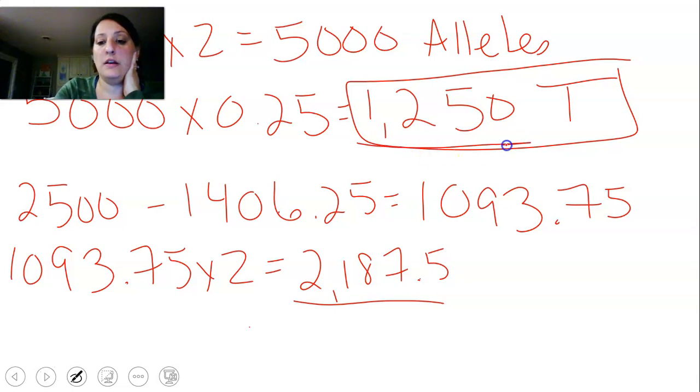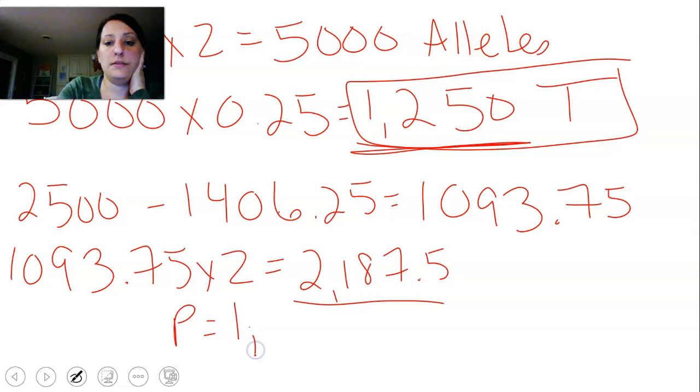This is how many alleles are dominant alleles. So if we want to know the new frequency of P, we take the number of dominant alleles, 1,250, and we divide that by the total number of alleles left in the population.